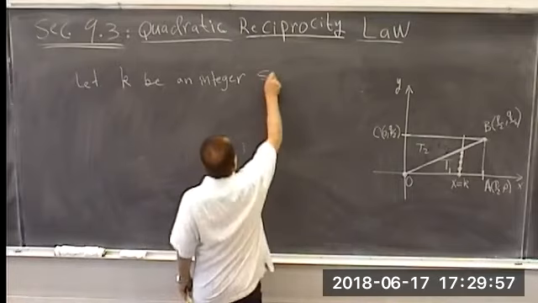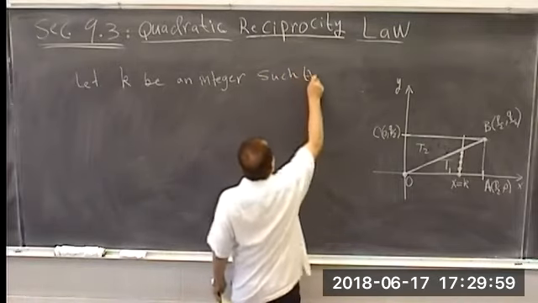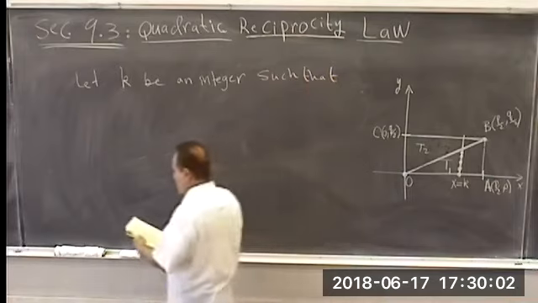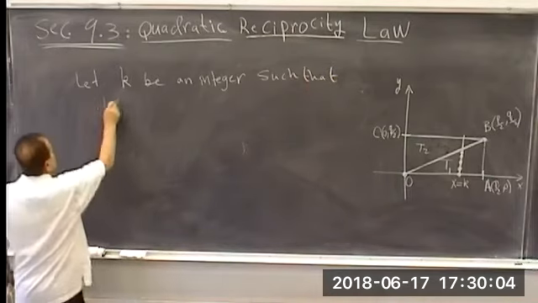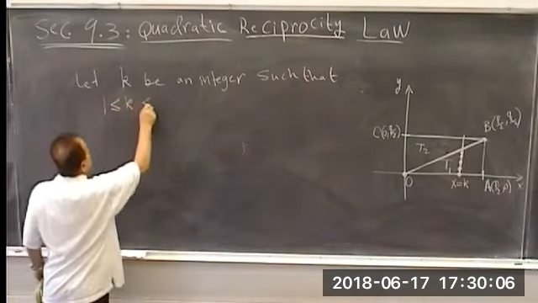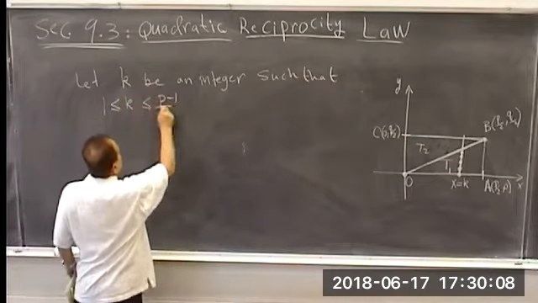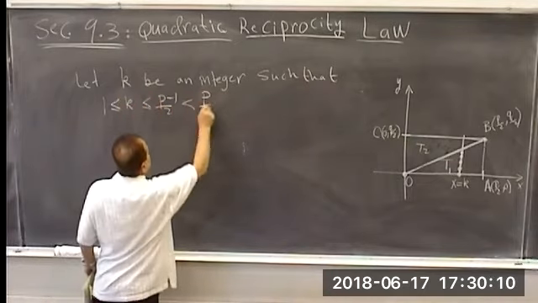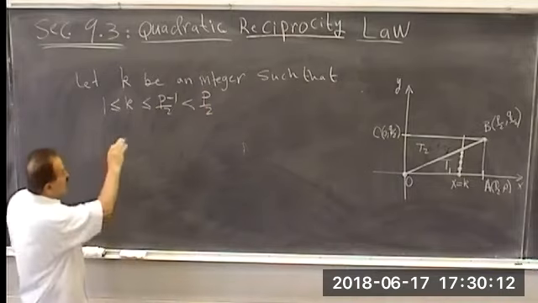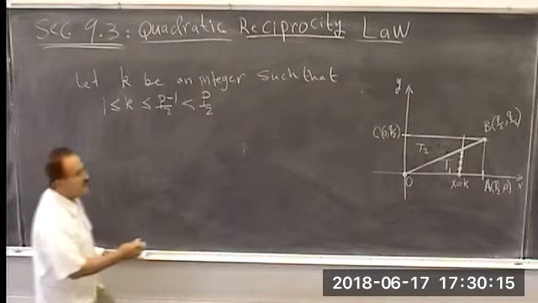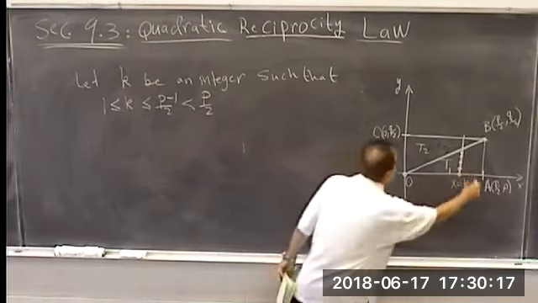These are such that 1 is less than or equal to k, less than or equal to (p minus 1) over 2, or less than p over 2. Okay? Because (p minus 1) over 2 is an integer, so it's a legitimate value to be inside.